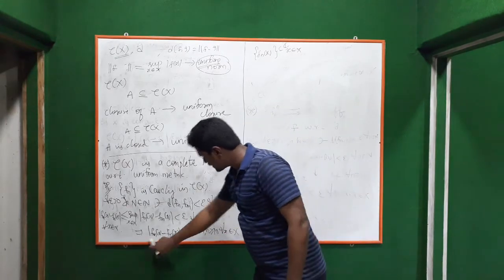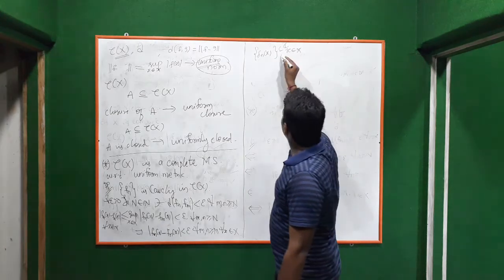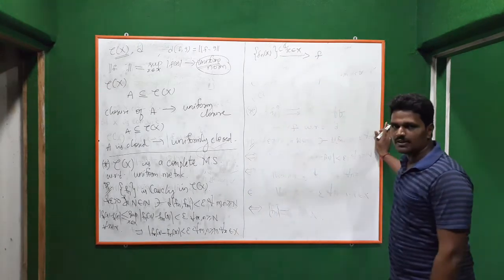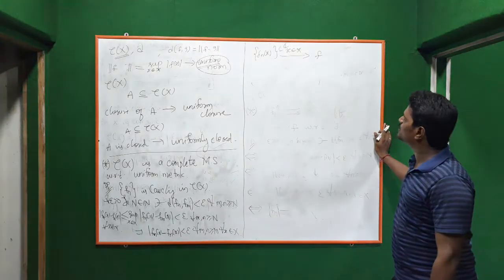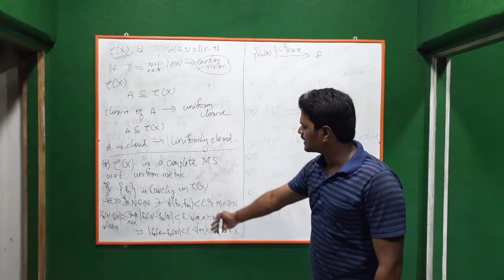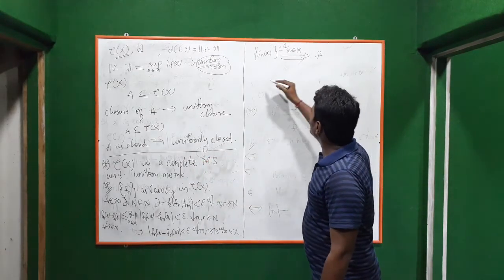That means this sequence will converge. So this will converge to some function f. Okay, let it converge to some f, and we know that if it converges, it will converge uniformly. Moreover, it will converge uniformly.